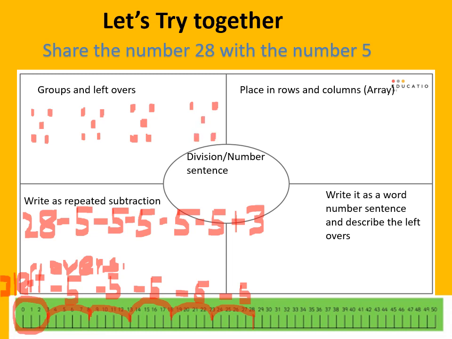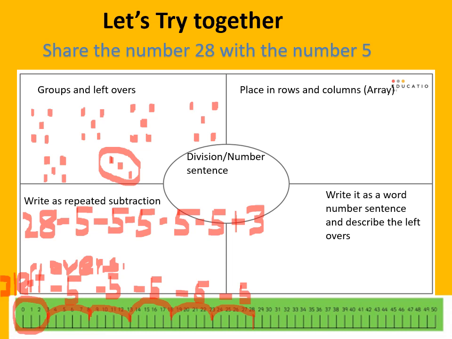Okay, so we've got 5, 10, 15, 20, one more, 25, and then our 3 leftovers. Okay, all right, so we've got 5 5s and 3 leftovers, and then we can place it in rows and columns.